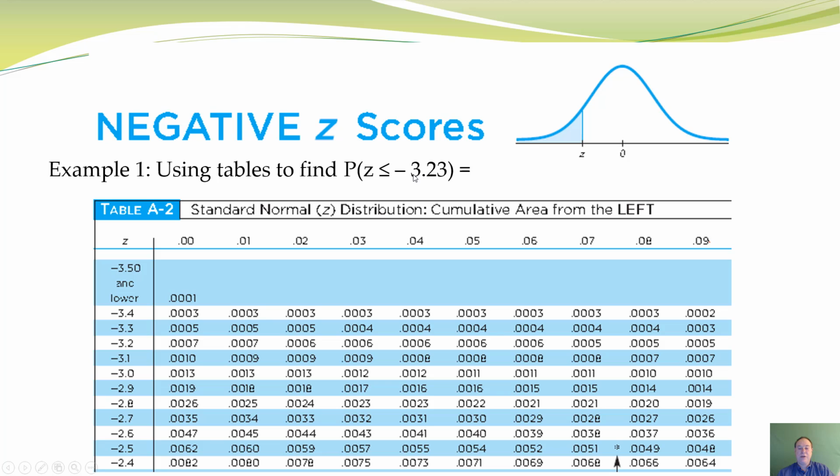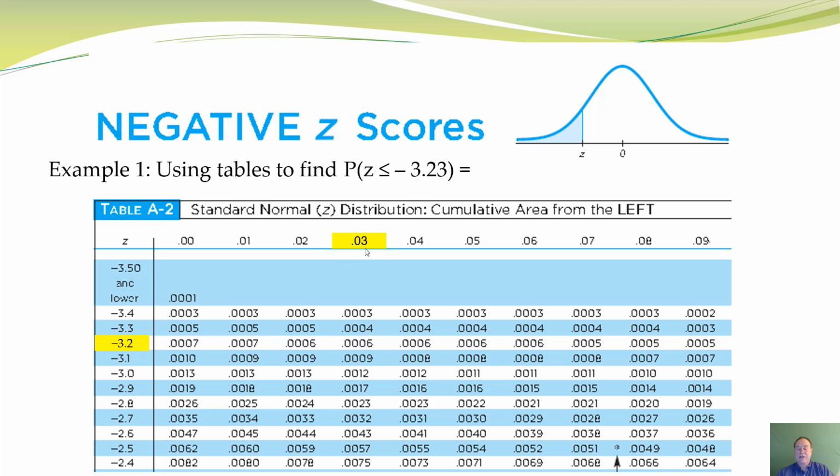So first I'm going to find negative 3.2 down the left side. Now I have the 3. Across the top, you notice these are 2 decimal places. So this is where you'll pick up that second decimal place. The second decimal place is 3, so I pick up 0.03. So now I have negative 3.23.